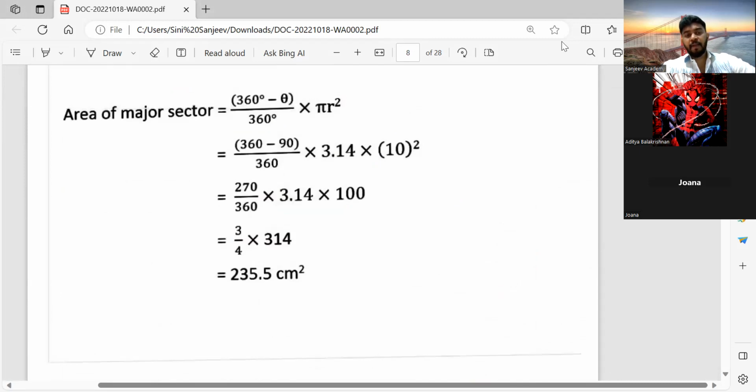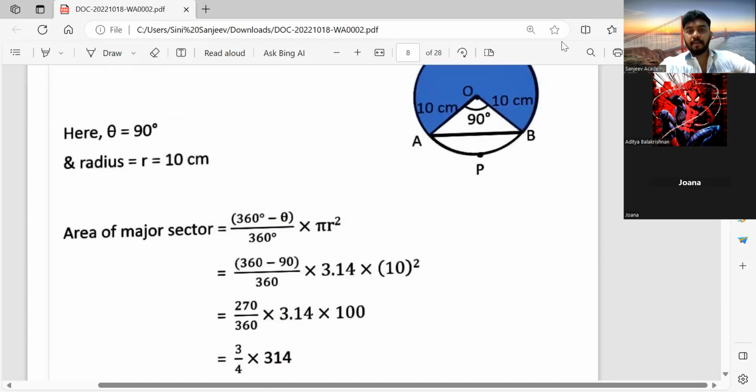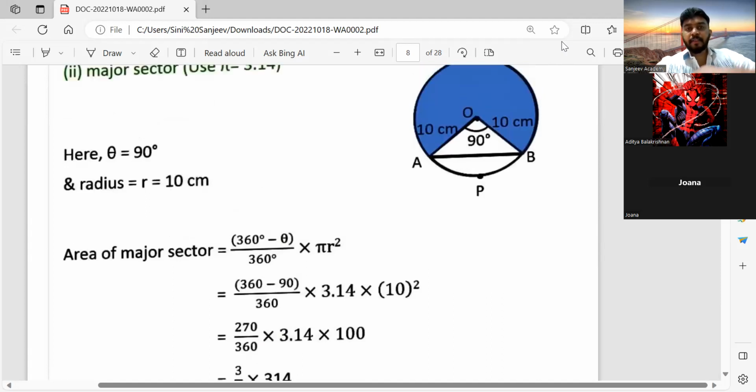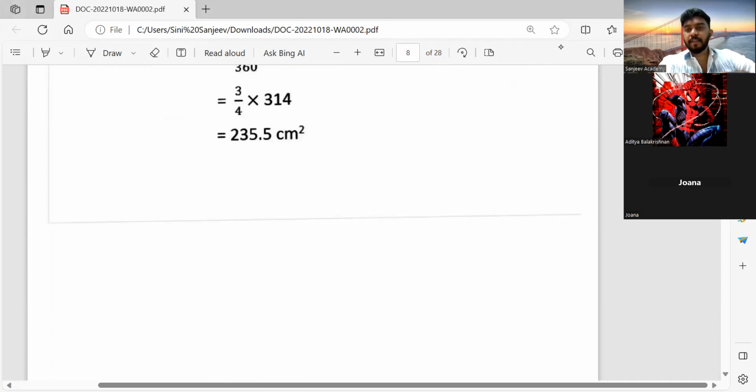Same formula, but let me just draw this for you. This is 90, correct? So the rest of it is 270. So 270 by 360 into pi r square. That is the major sector formula. Simple substitution, you'll get the answer.